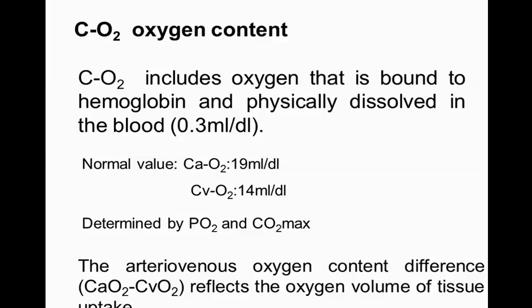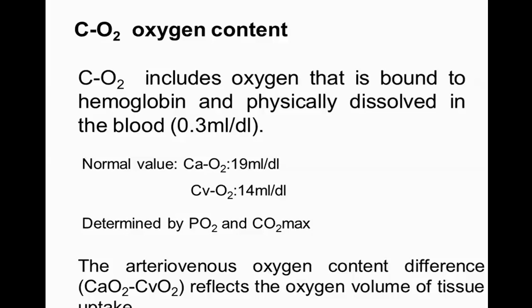The higher the PO2, the higher the oxygen content. But it is a very minimal change, because it is considered the dissolved part, but this dissolved oxygen will carry oxygen to hemoglobin.